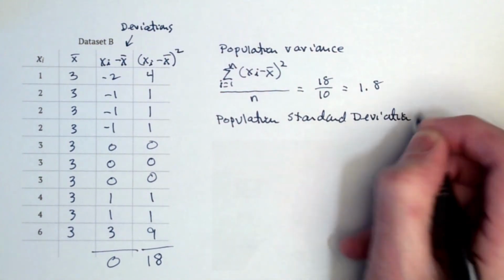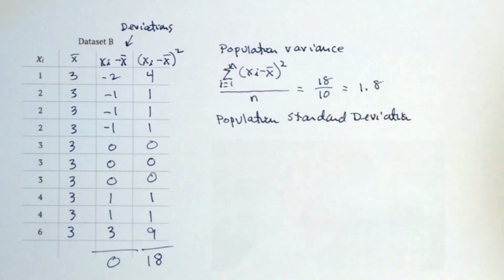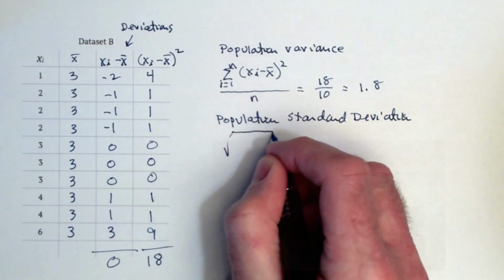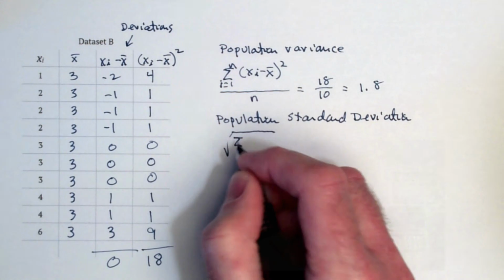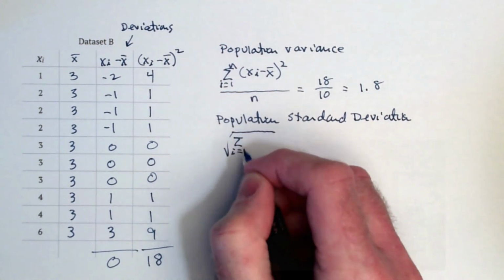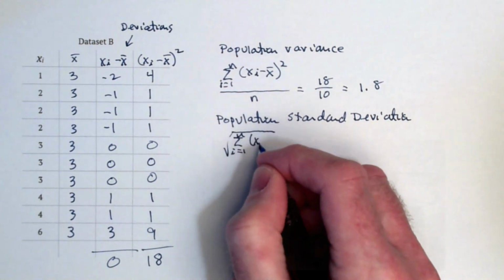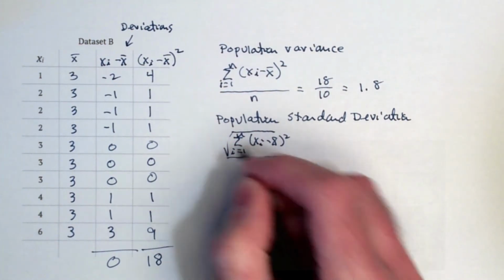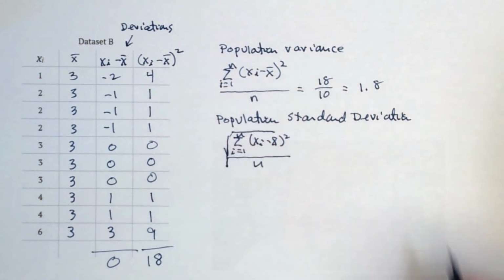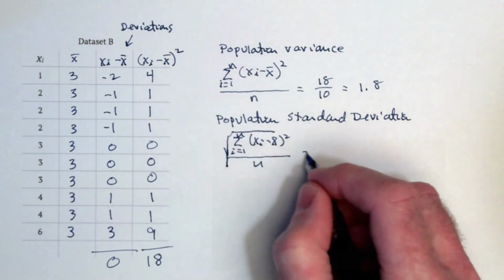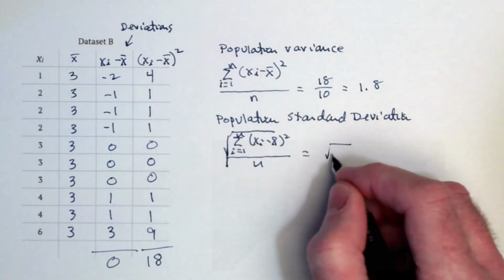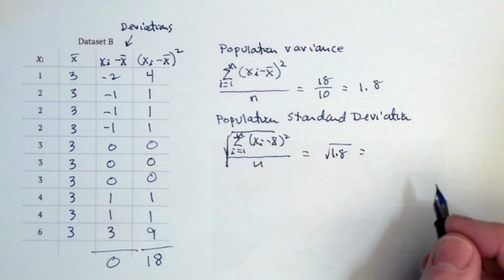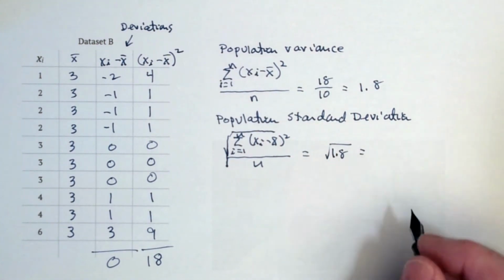So that's just this stuff with a square root sign over everything in sight. So it would be the square root of the sum from i = 1 to n of the squared deviations all over n. This covers the whole thing here, the square root. And that would be, in our case, the square root of 1.8. And the square root of 1.8, I wrote it down somewhere, is 1.34.